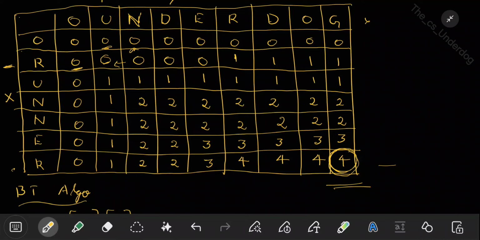This is what you know from the algorithm that you learned before. So what should be your backtracking algorithm? You should include this particular character which is matching, and then you should move to the element that is diagonally on top.